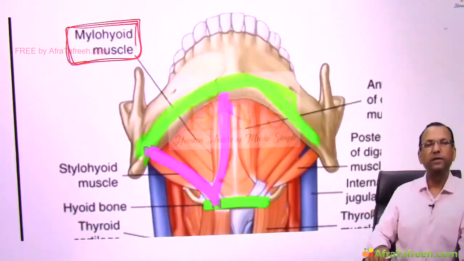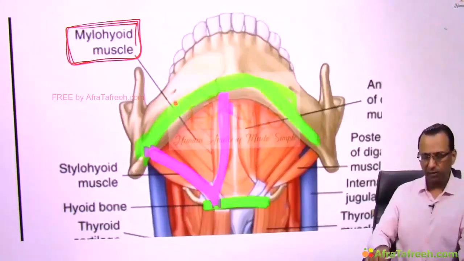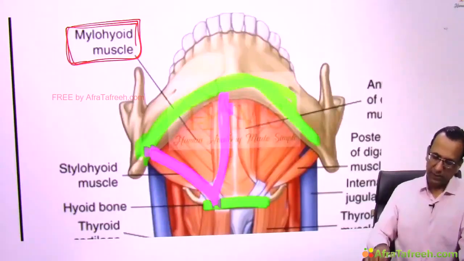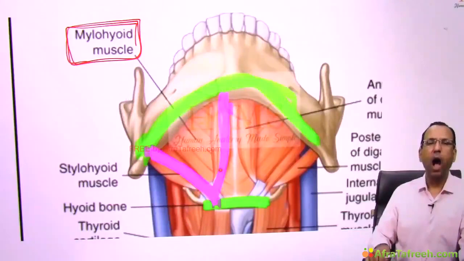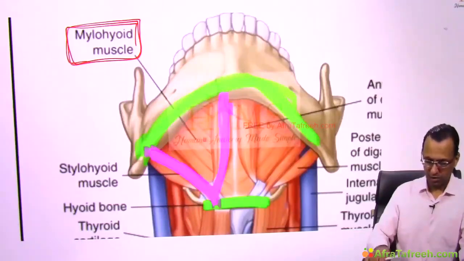It is a depressor of the mandible along with the anterior belly of digastric. They pull the mandible down and open the mouth.